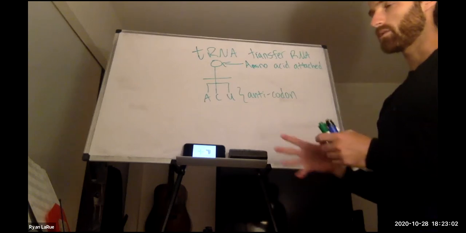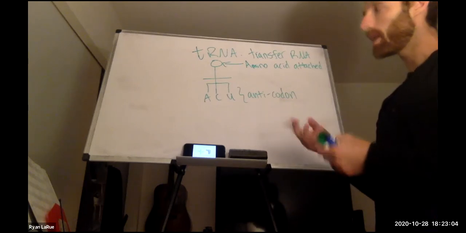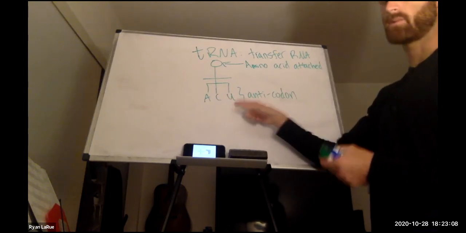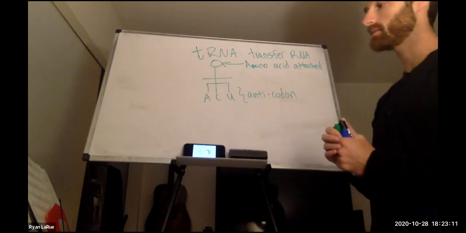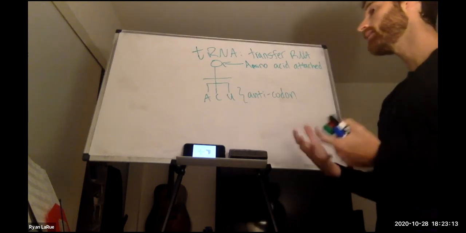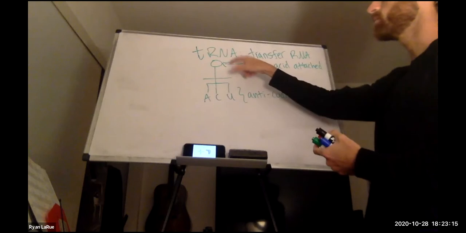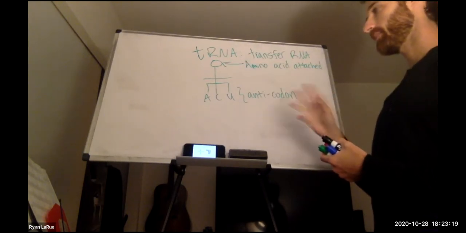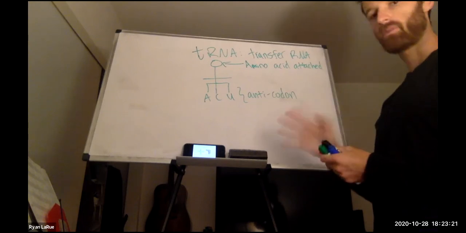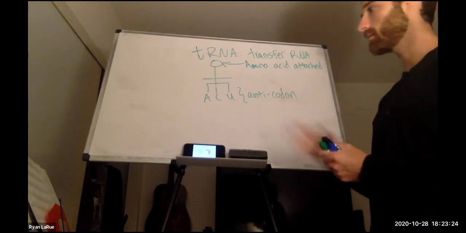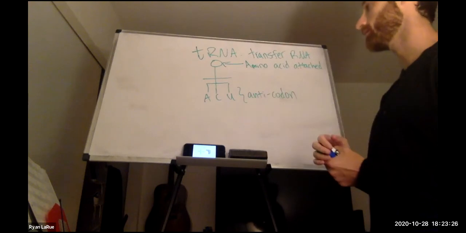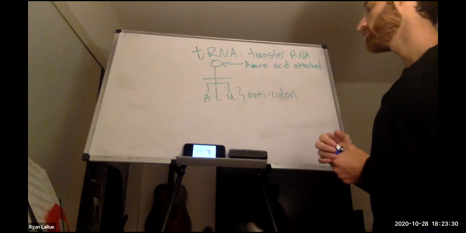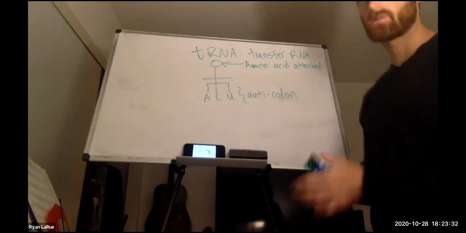Depending on what your anticodon is, that will determine your codon. We'll see that shortly. And depending on your codon, that determines what amino acid will be attached to the tRNA associated with it. That probably makes no sense right now, but we're going to look at this. I just want you to know what this tRNA looks like. It has an anticodon region with a specific amino acid attached to it.